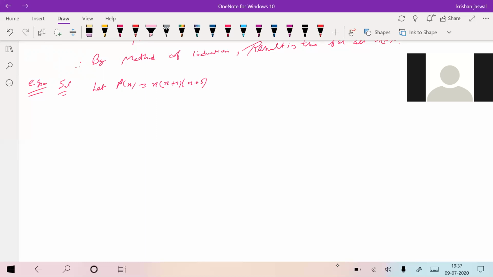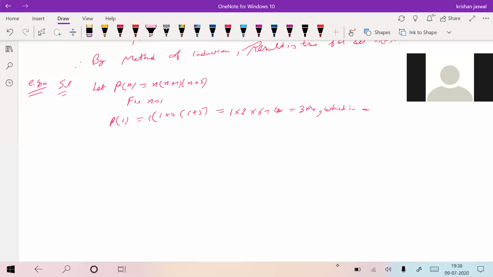For n is equal to 1, P1 is equal to 1 into 1 plus 1 into 1 plus 5, which is 1 multiplied by 2 multiplied by 6, that is 12, which is a multiple of 3, 3 into 4.